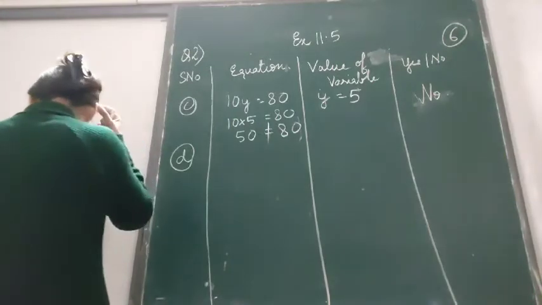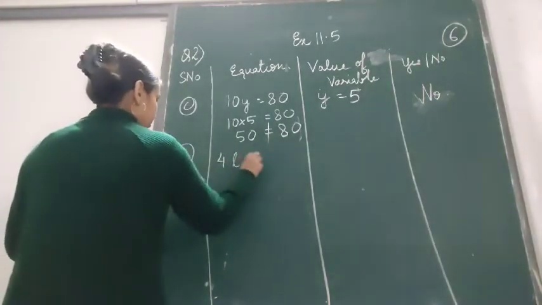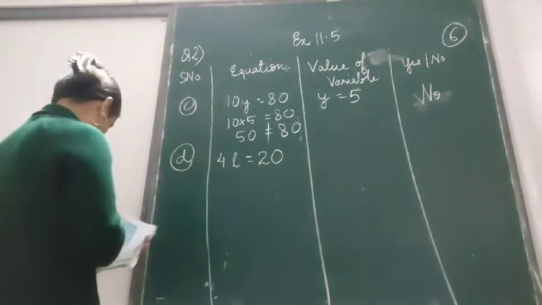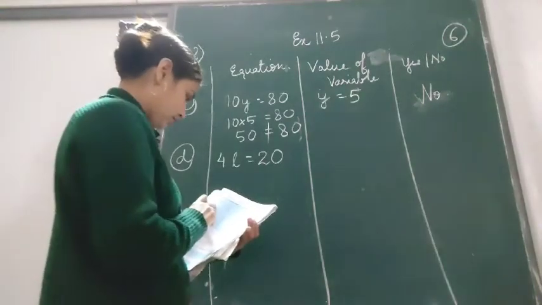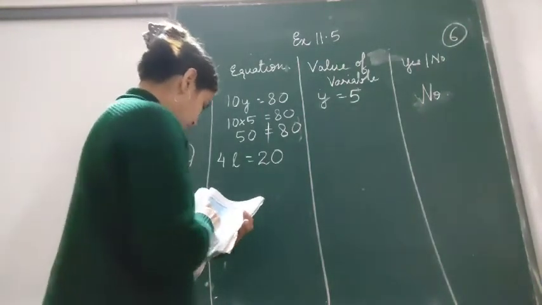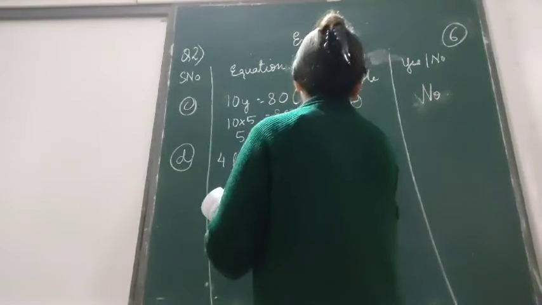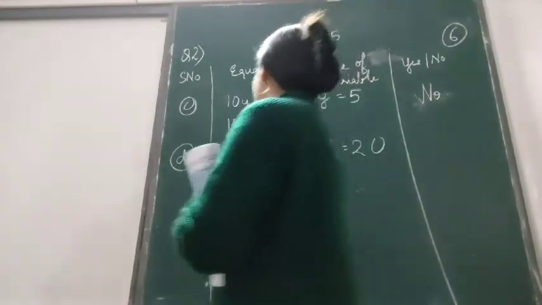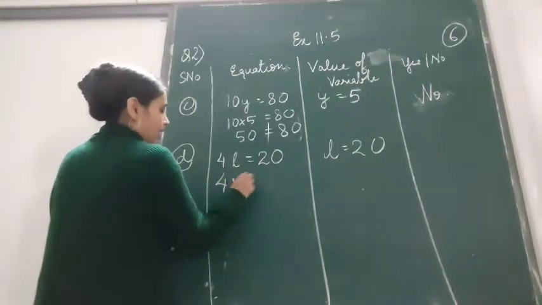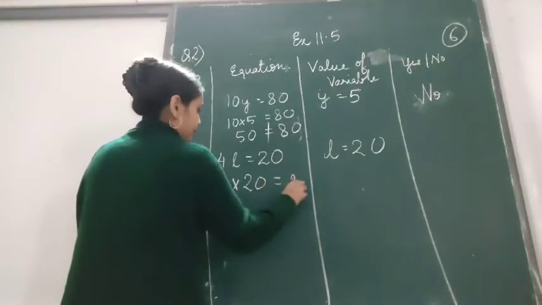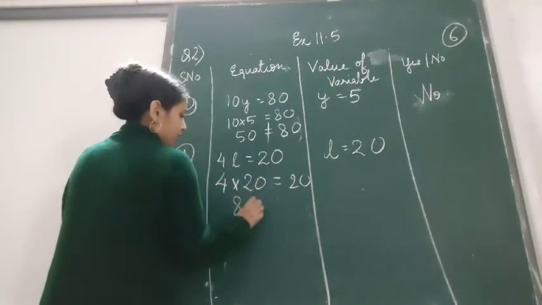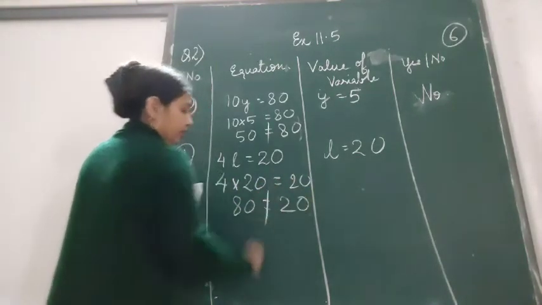Next, 4L is equal to 20 and L is equal to 2. So putting the value of L as 2, 4 2s are 8. Are they equal to 20?